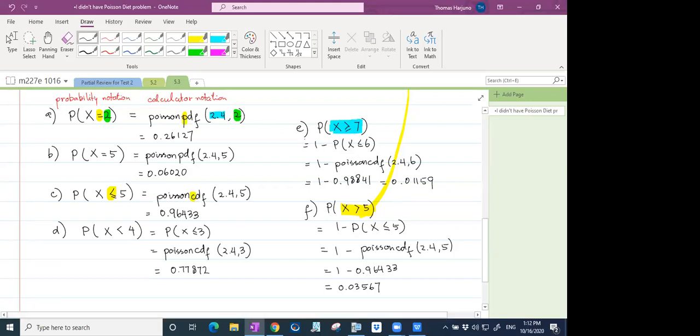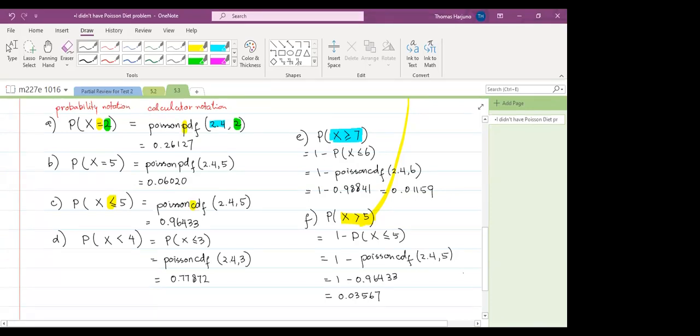Now, that's for the probability notation, calculator notation, and how to use your calculator. Next, let's do a problem from our textbook. There are actually some really nice problems I see here, and I like to go over those.